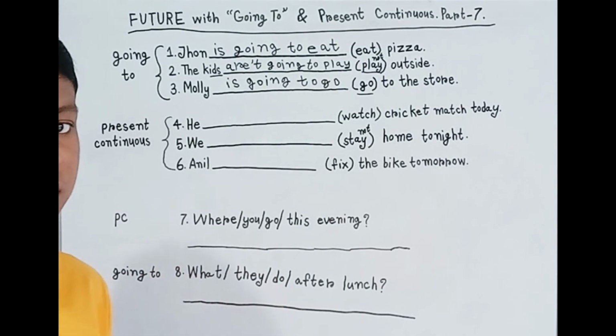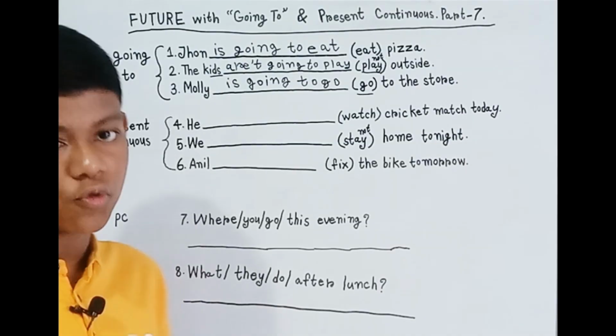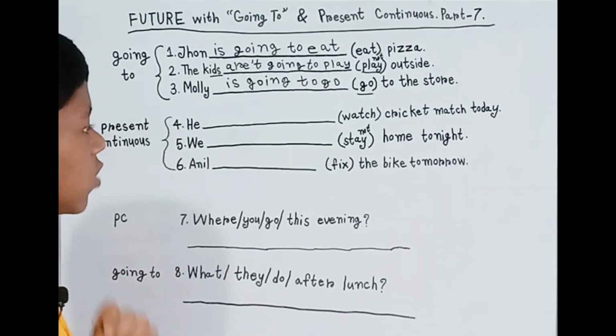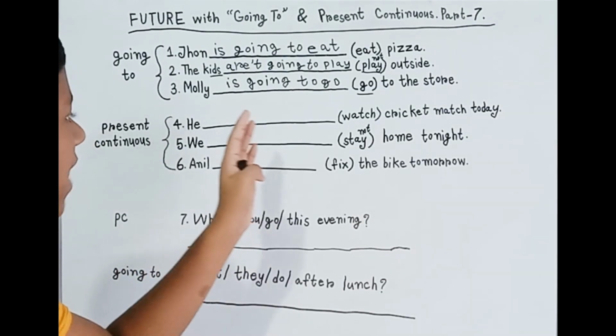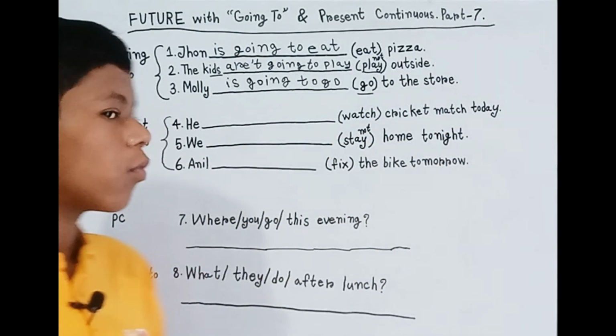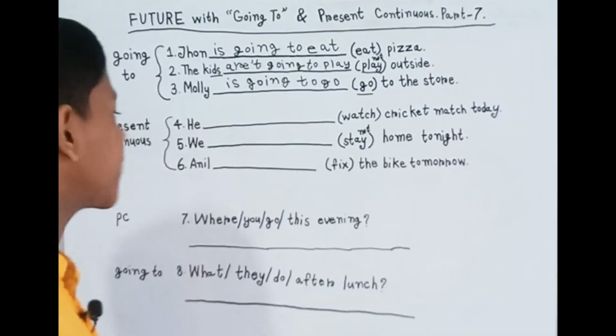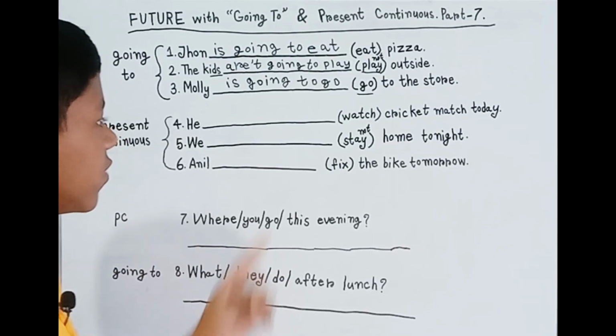Now we will simply focus on the present continuous. Here there are three sentences, like we did for going to. In present continuous, our first sentence is: He blank watch cricket match today. So what can we write here? Our main verb is watch.